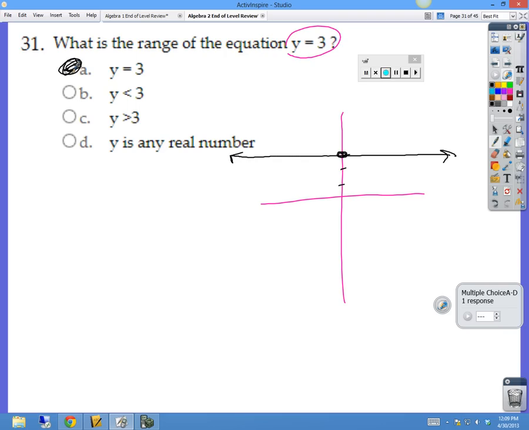What if it would have been a vertical line? What if it would have been a line like this? Then what would your range be? So the y number line, how far up does that graph go? How far down does it go? It goes through every single number possible.